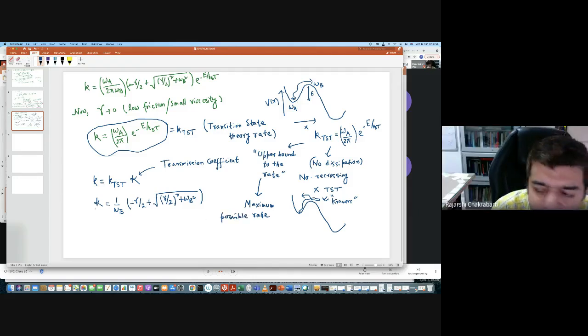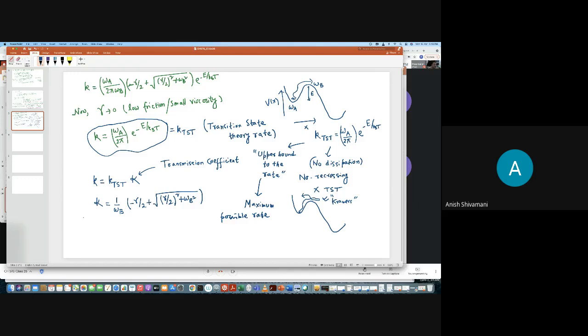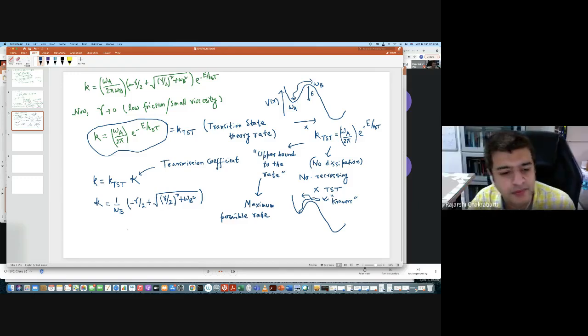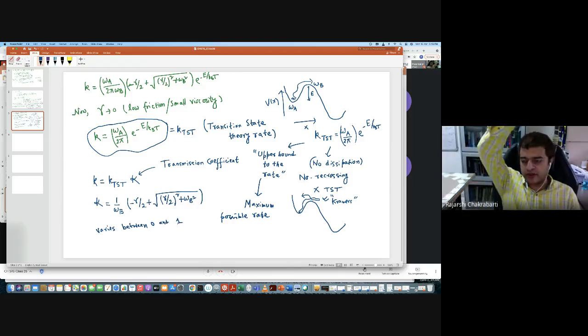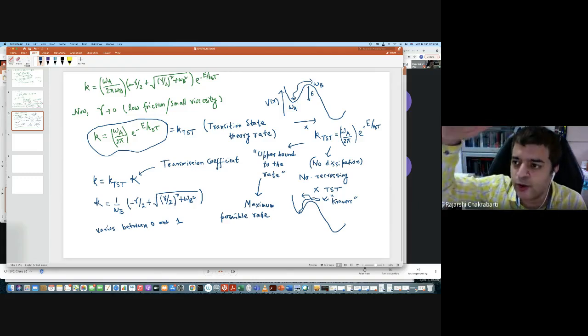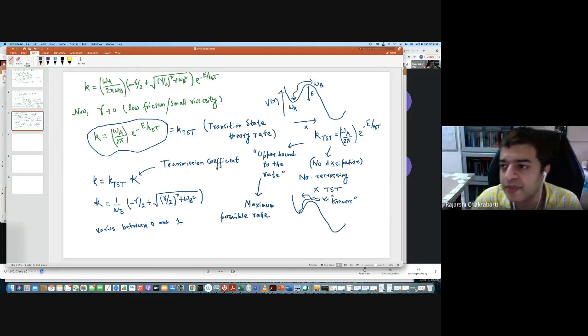Because this transmission coefficient is bounded between 0 and 1. You can just check this. So the transition state theory rate is always higher than the Kramers rate.